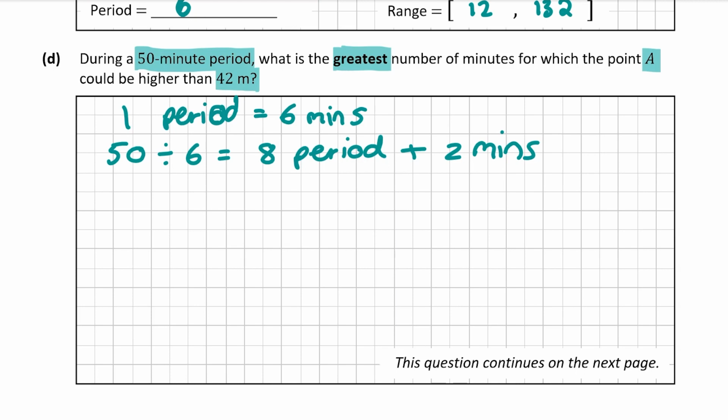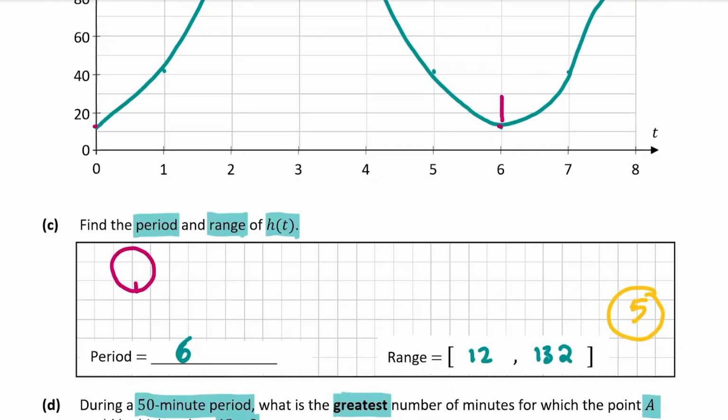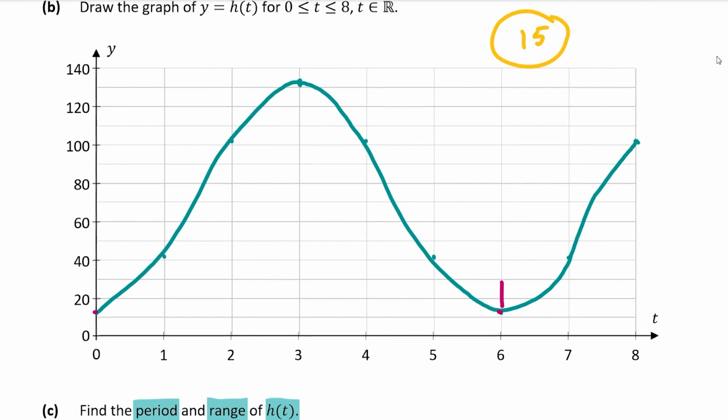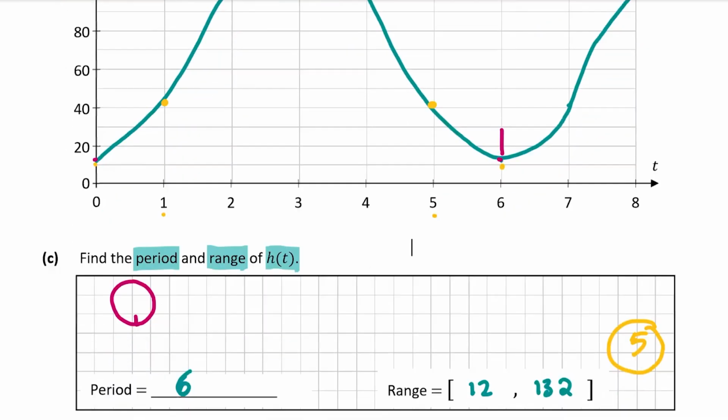So in one period, how many minutes is point A above 42 meters? Now let's go back to the graph to have a look at this. So in one period here, from 12 to back down to 12 here at 6 minutes, for how long is it above 42 meters? So from here to here, it goes from 1 minute to 5 minutes, so it spends 4 minutes above 42 meters.